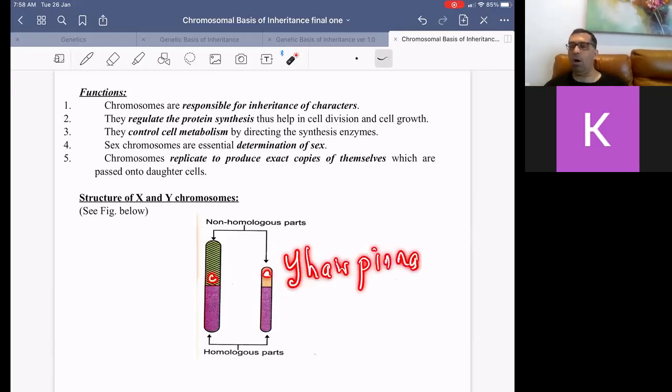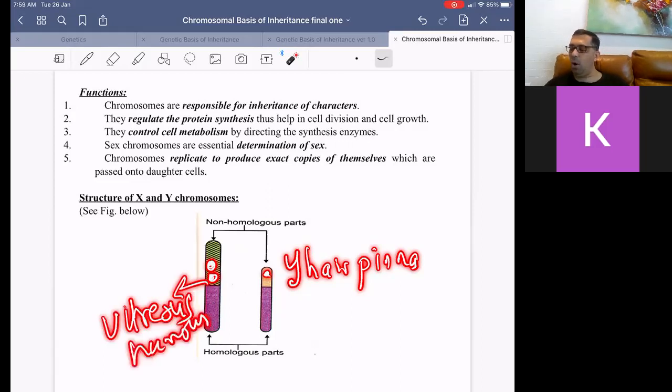And gene for vitreous humor, which fills your eye. Gene for, I'll just write it down, vitreous humor, which fills your eyeball. Or gene for iodopsin, which is there in the cones, coloring, color interpretation cells in the retina.